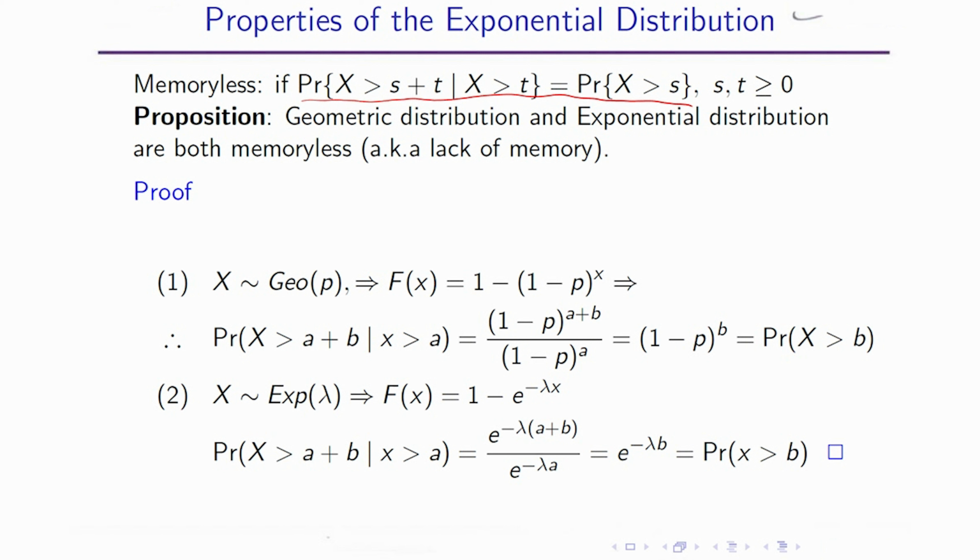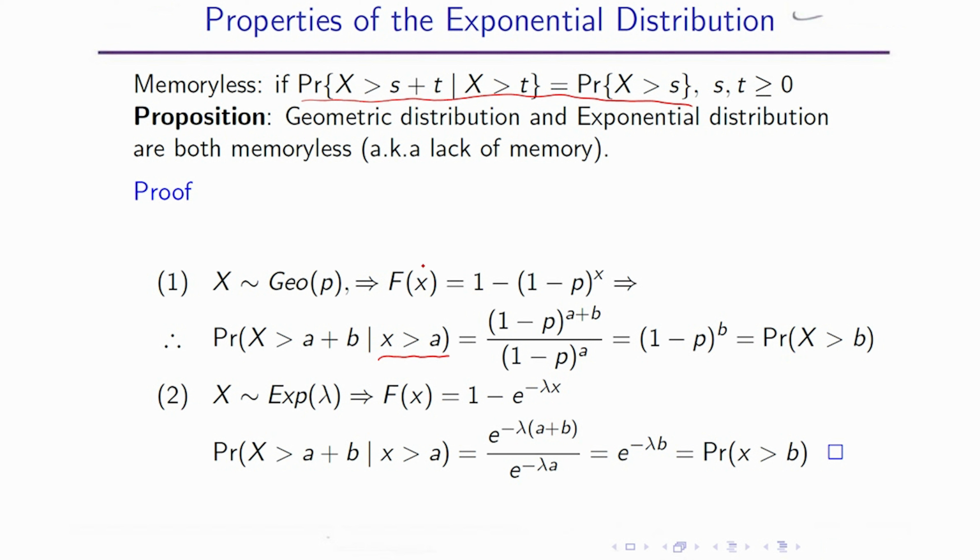distributions are memoryless. If X is geometric with parameter p, then we know that the CDF of X is 1 minus (1 minus p) to the power of x. So the conditional probability of X greater than a plus b, given X greater than a, is equal to the probability of X greater than a plus b over the probability of X greater than a.